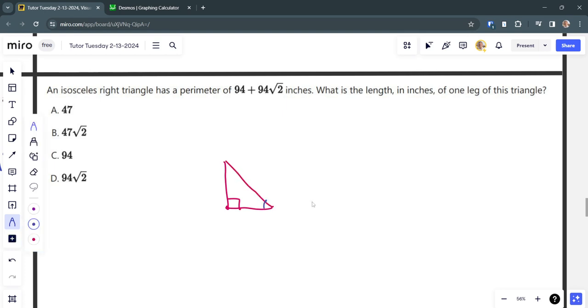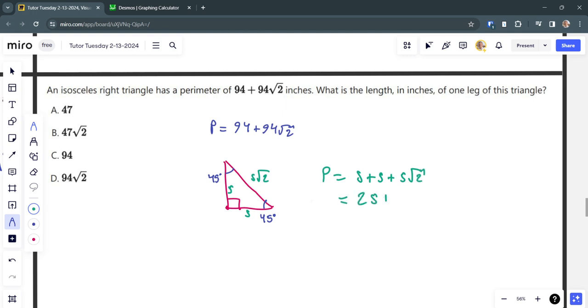And you may know this more commonly as a 45, 45, 90 triangle. So the perimeter is 94 plus 94 root 2. Well, we can get the perimeter because we know that we have a side length s right here, a side length s right here, and a side length s root 2 right here. So the perimeter in other terms is s plus s plus s root 2, or 2s plus s square root 2.